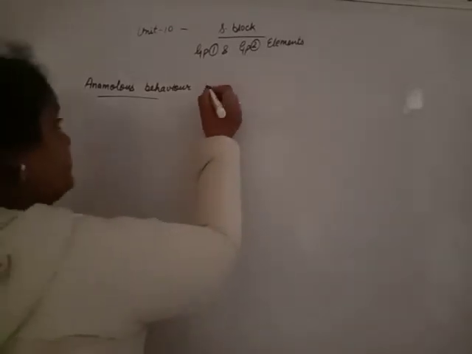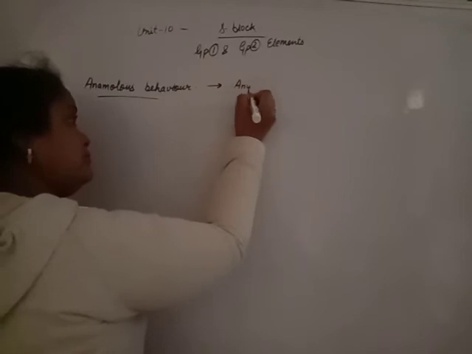Beta, anomalous behavior means an element has different properties from those of the other elements of the same group. Clear?